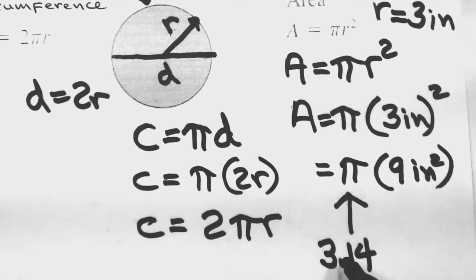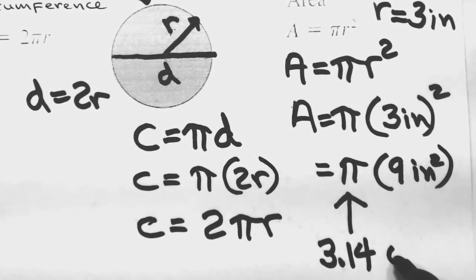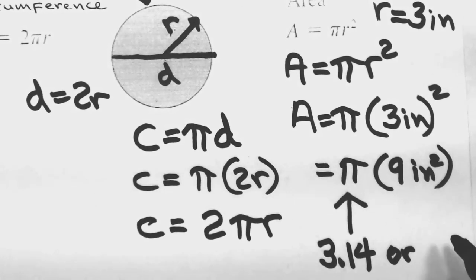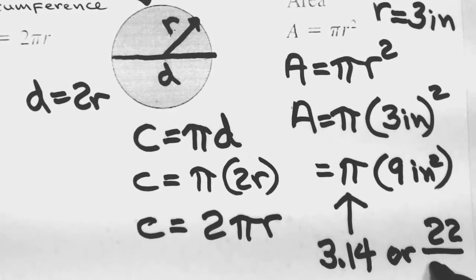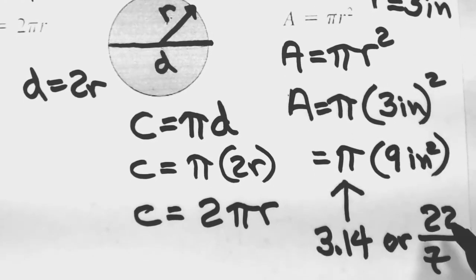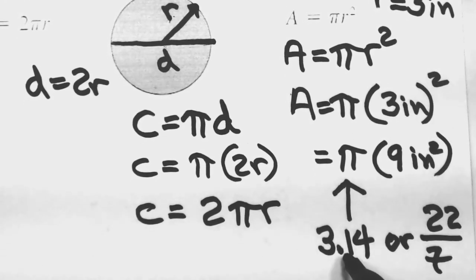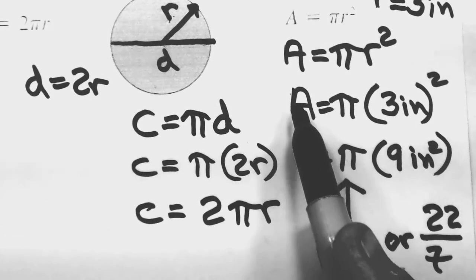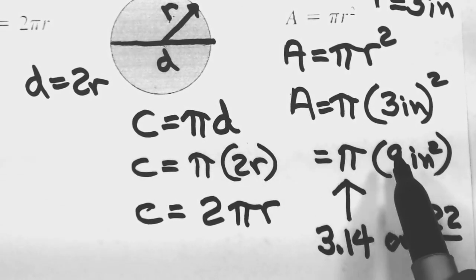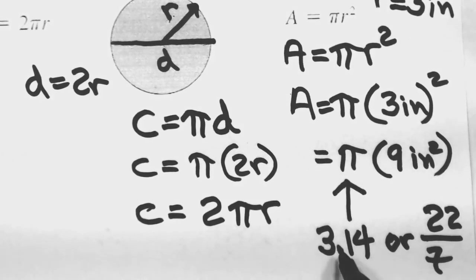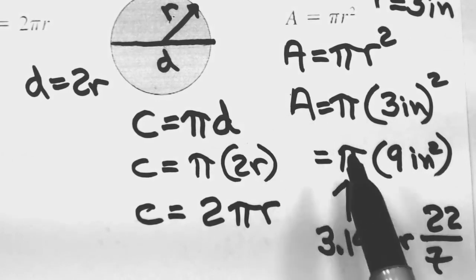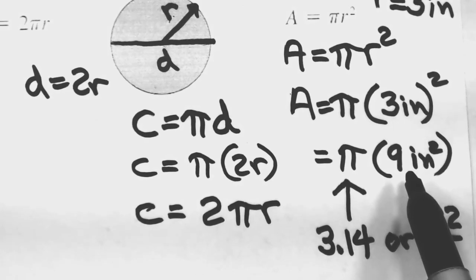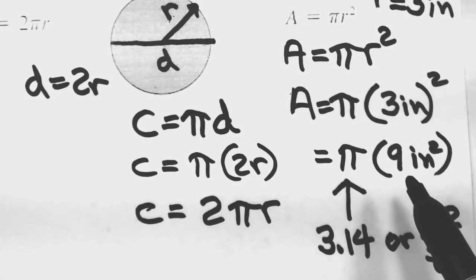That's the value to two places. Or the other thing is you sometimes see folks using the fraction 22 sevenths. 22 over 7 is very close to the same 3.14. So if you want to find out what this total area was, you take this 9 times either one of these to come up with the final area, and of course the units would be in inches squared.